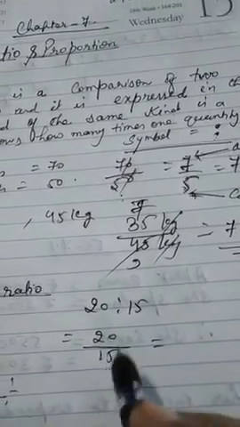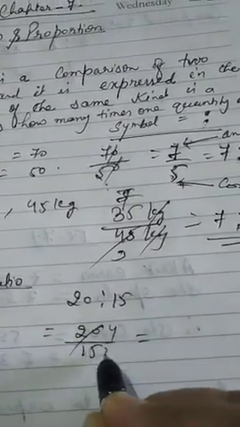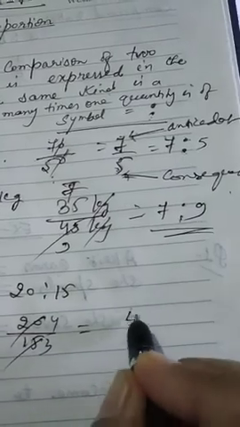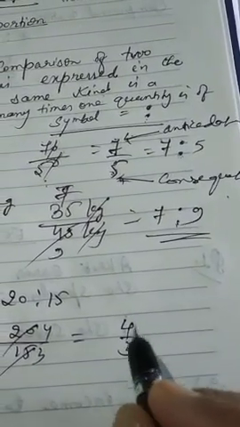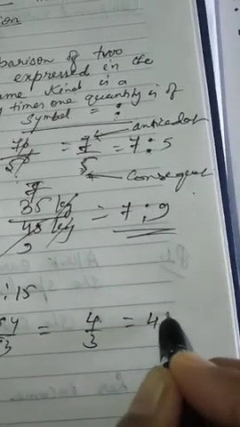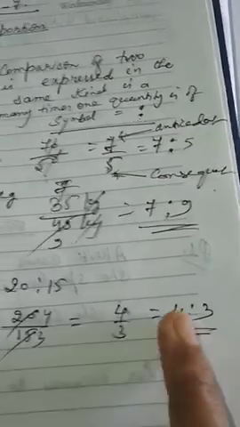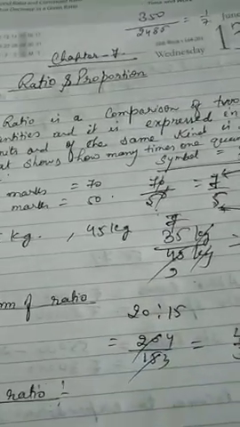No, we can write it in simplest form by cancelling out, like 5 4s are 20, 5 3s are 15. So 4 by 3. Further, can we cancel it? No, it has no common factor other than 1. So we can write it in ratio form. This is the simplest form of this ratio. I hope it is clear.